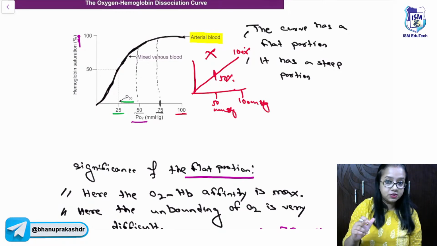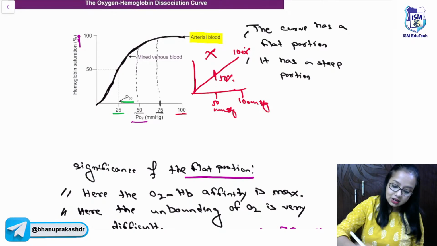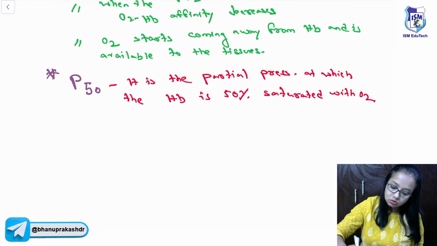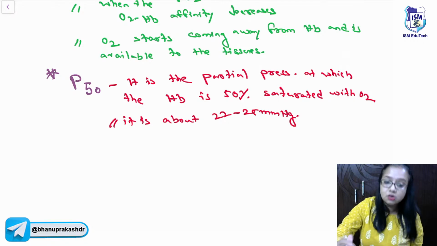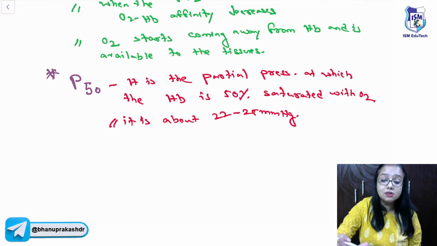So P50 is the partial pressure of oxygen in the blood at which the hemoglobin is 50% saturated. Because of the sigmoid nature, it is somewhere between 22 to 25 mmHg.